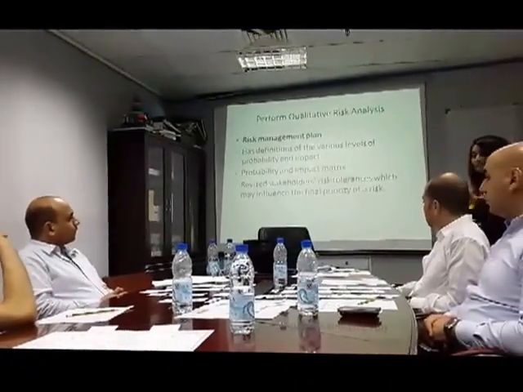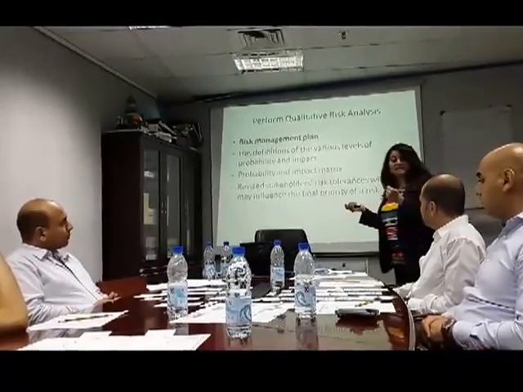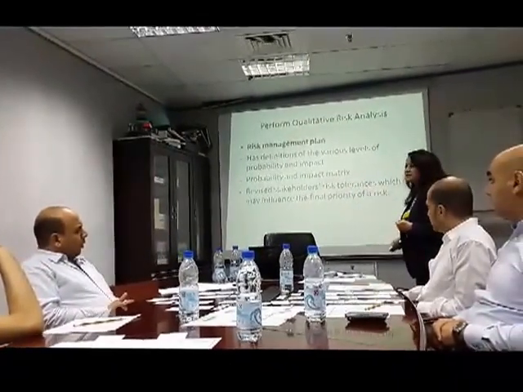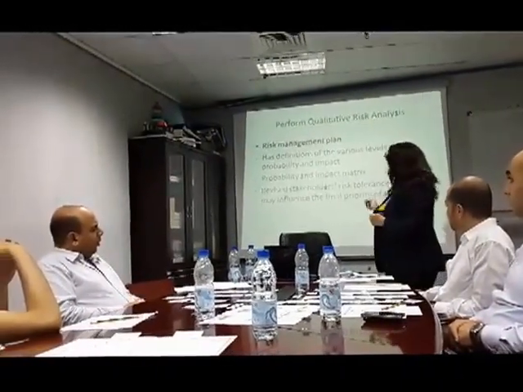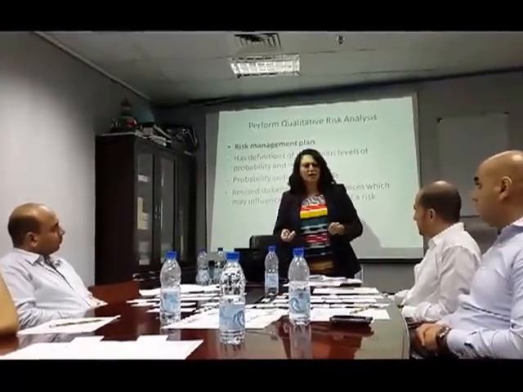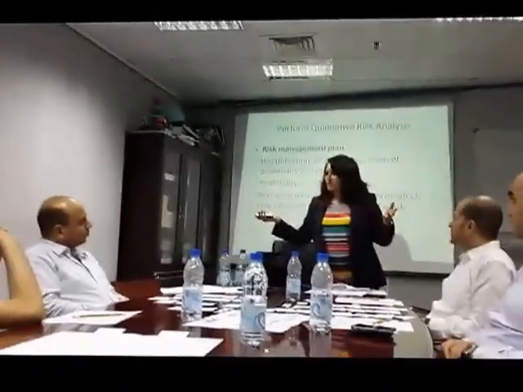And most important in the risk management plan is that it has the revised stakeholders' tolerances, which may influence the final priority of a risk. What does it mean, stakeholders' tolerances? Now, stakeholders, of course, are everyone who is affected by the project, whether positively or negatively, right?